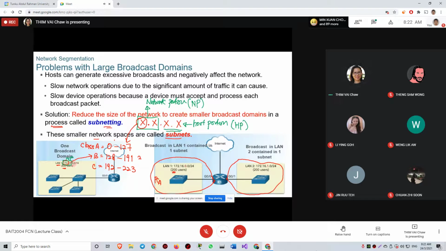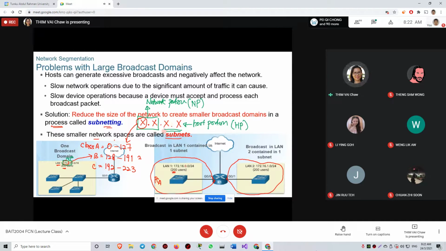So once we want to do a subnet, we need to look at the host portion. We need to borrow bits from the host portion to become the network portion and do a subnet.